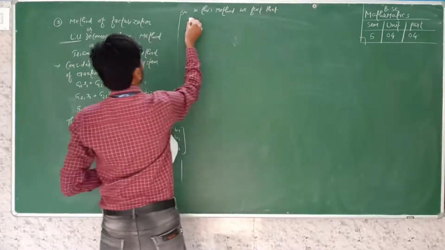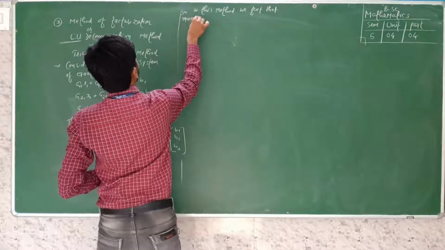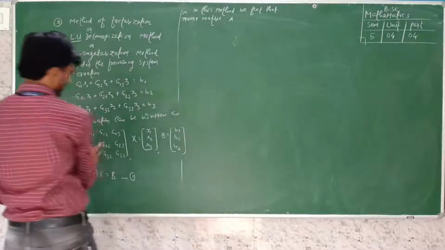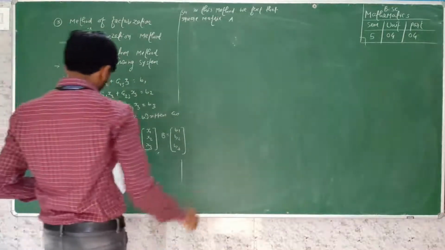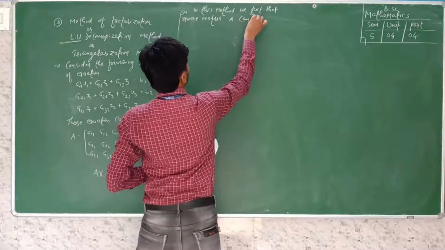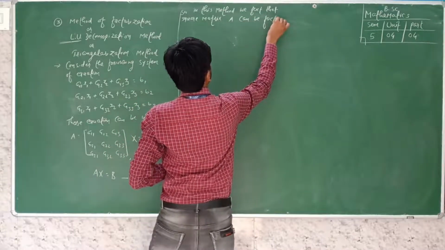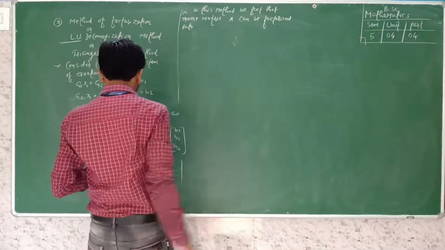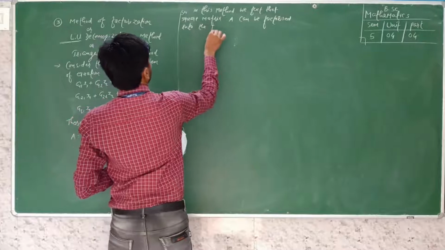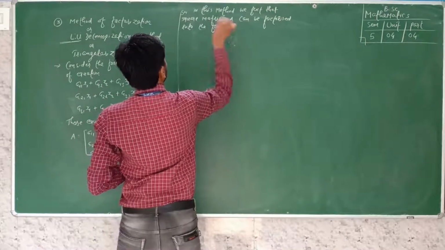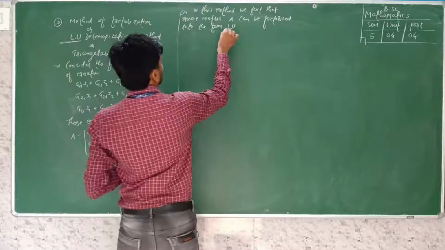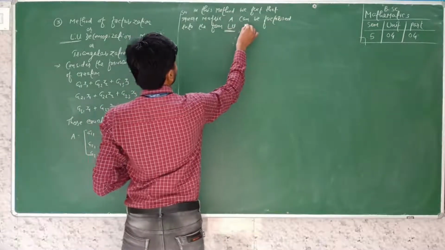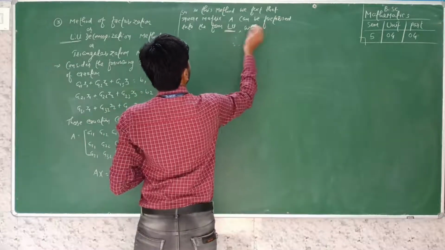We suppose that the square matrix A can be factorized into the form LU. That means matrix A can be factorized into LU, where this is most important.